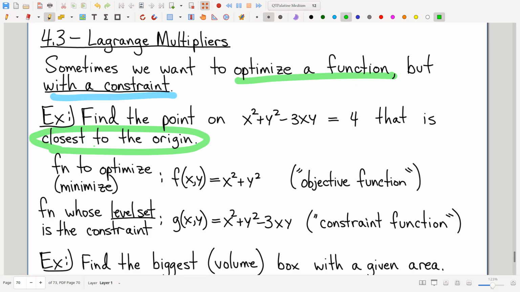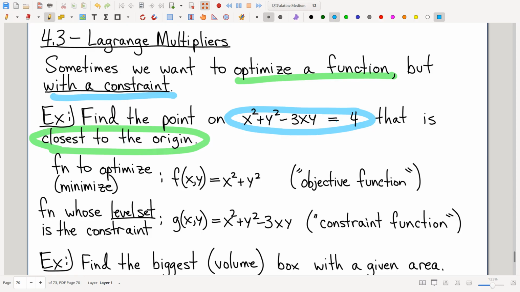Because a distance from the origin of 0 would mean that I'm looking at the origin itself, and the origin doesn't satisfy the constraint. So the constraint is what makes the question interesting. I don't want to find the point closest to the origin. That's obviously the origin. I want to find the point on this curve, just among points on this curve, the one that's closest to the origin. And this is a much harder problem. Everybody see what I'm describing there?